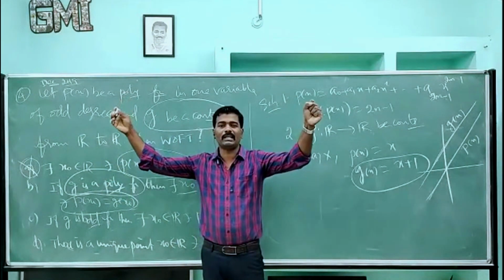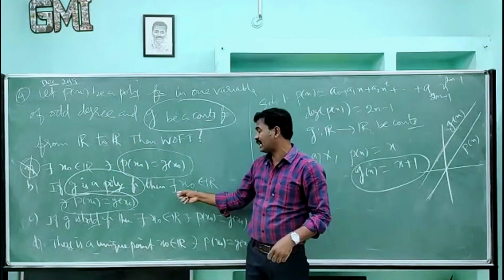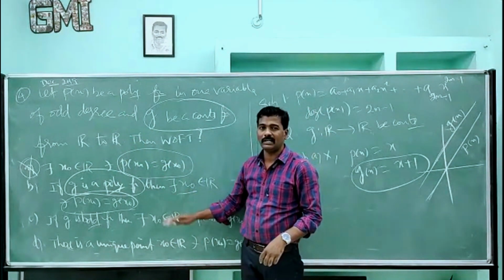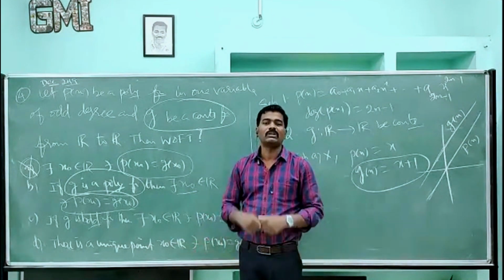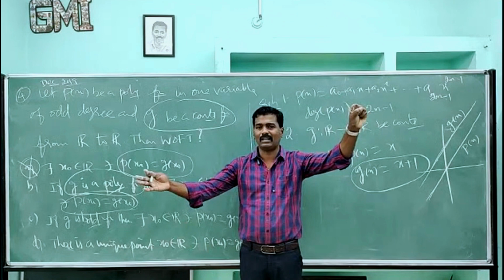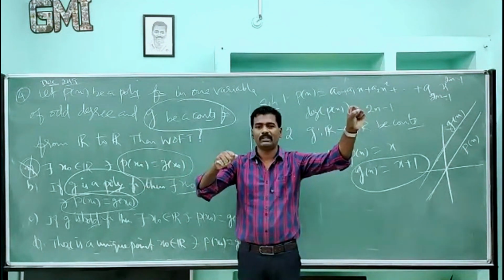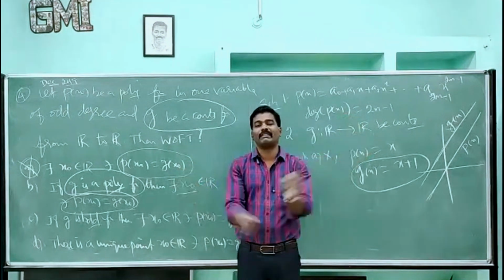P is an odd degree polynomial, G any polynomial, and they have to always intersect at least one point. That is what option B says. I say option B is not true always. That means I have to give an odd degree polynomial P of x and suitably find G of x, a polynomial function, but they never meet.